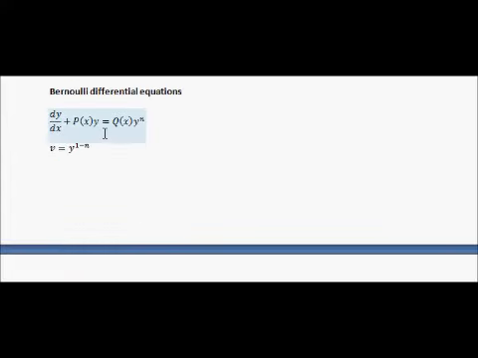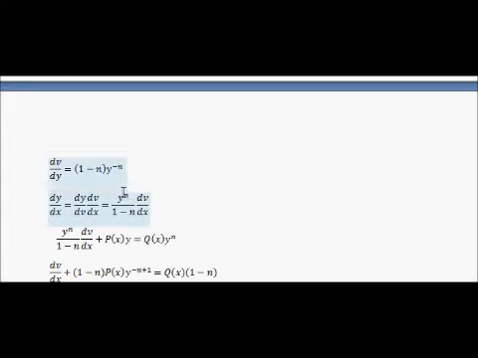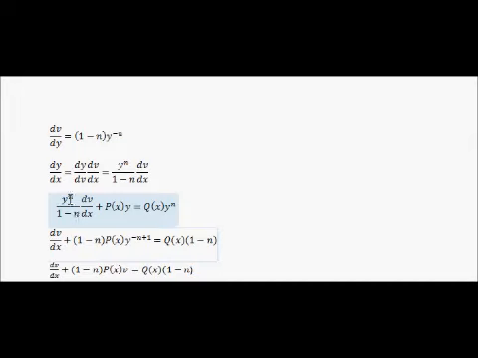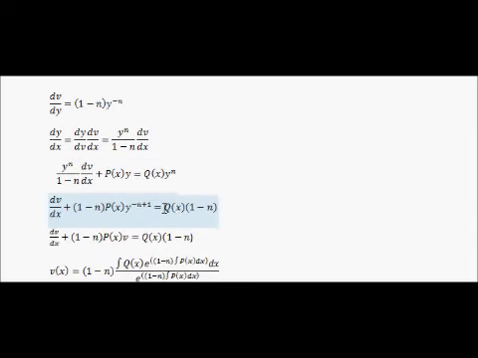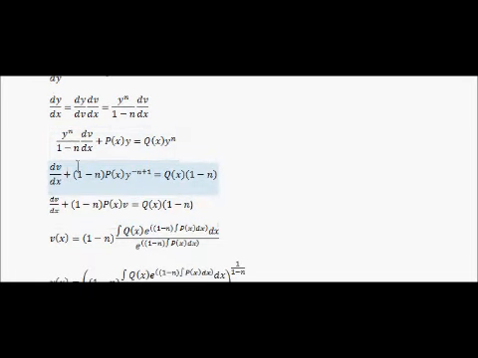So then if we substitute v into this equation, so this thing is dy/dx that we just put in, and then we've left the y's in for now because we can divide through by y to the n divided by 1 minus n. So that gets dv/dx on its own, like this.